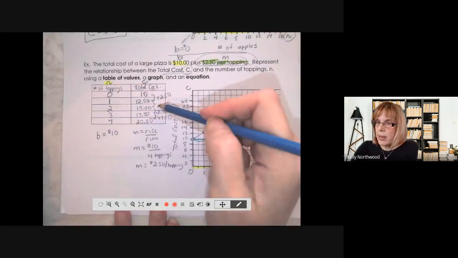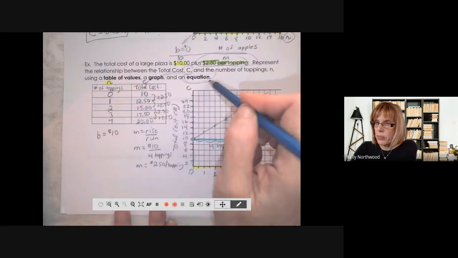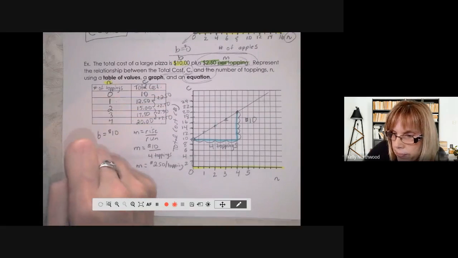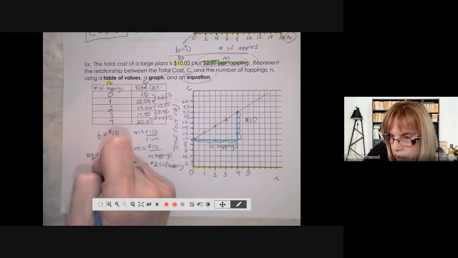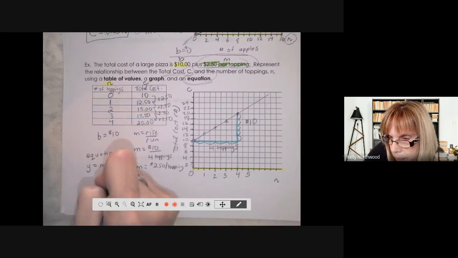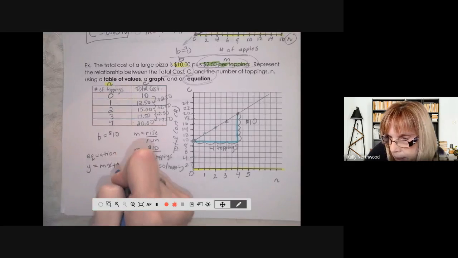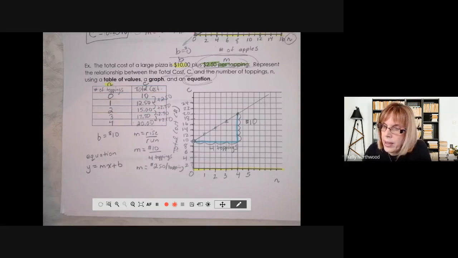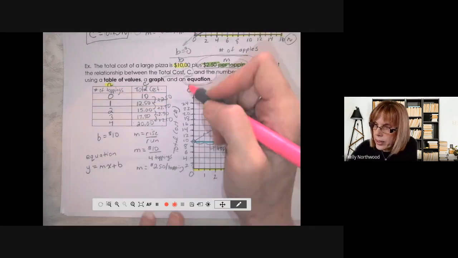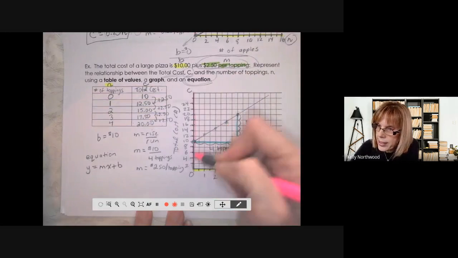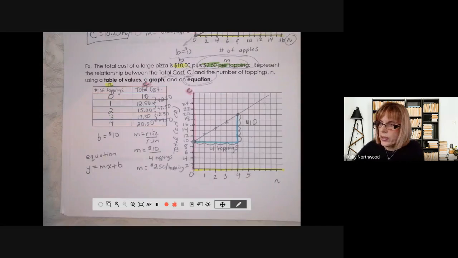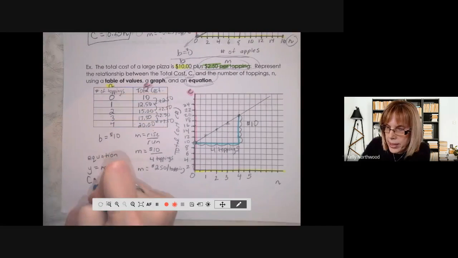So now I've done my table, I've done my graph, I just have to do my equation. So to do your equation, you start off with the general equation, y equals mx plus b. Instead of the y-axis, we've got the c-axis. So instead of y, I'm going to write c.